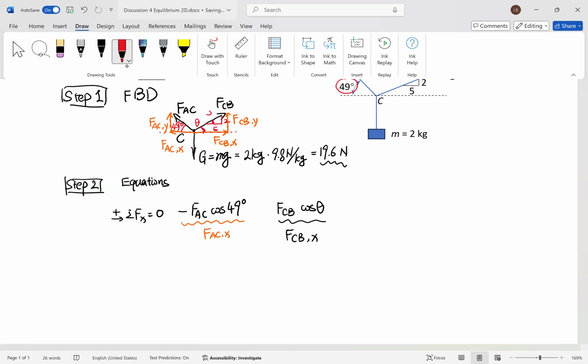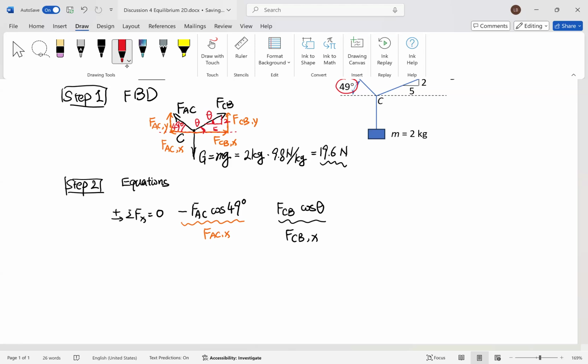So we can find cosine theta from this small triangle. Cosine theta is the ratio between the base and the hypotenuse.